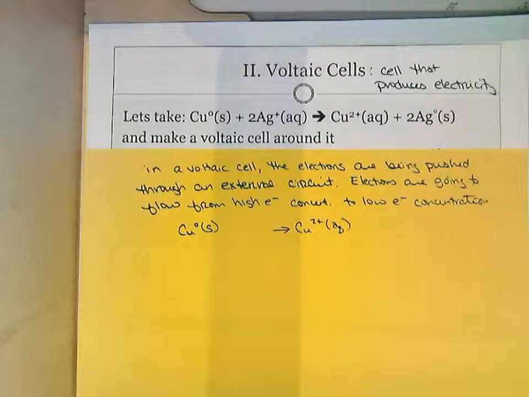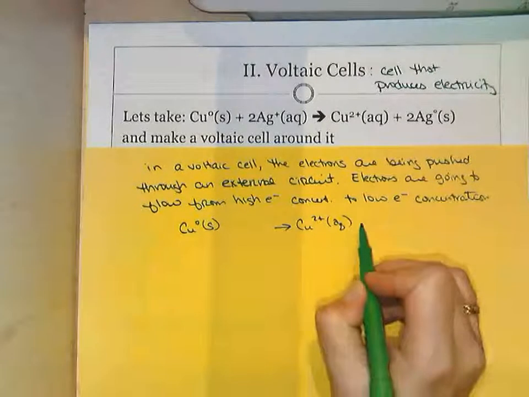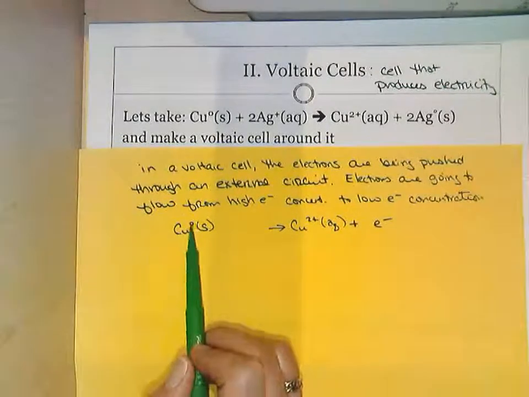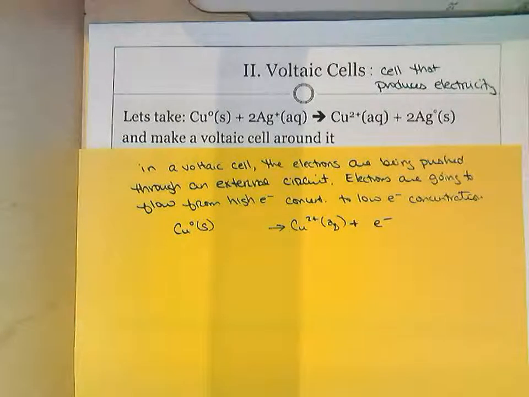Is this the oxidation or reduction half reaction? Oxidation. How do you know it's the oxidation? It loses electrons. In other words, it has them as a product. The oxidation number has increased. It's gone from 0 to +2. So how many electrons do I need as a product? 2.